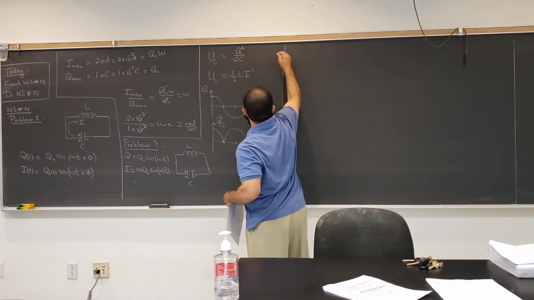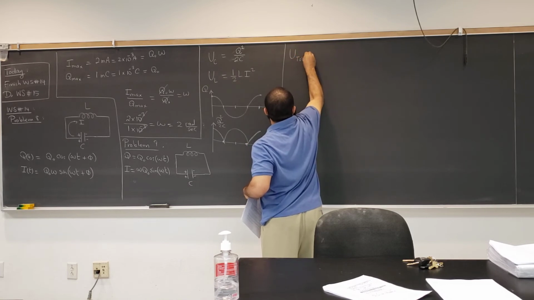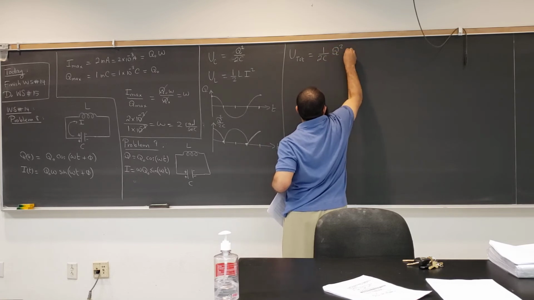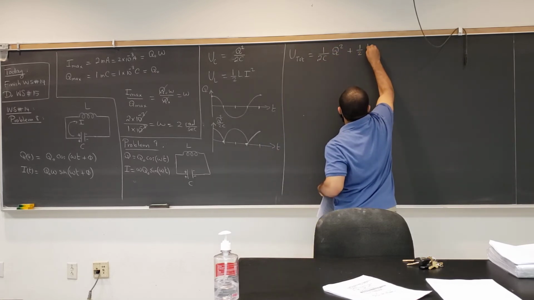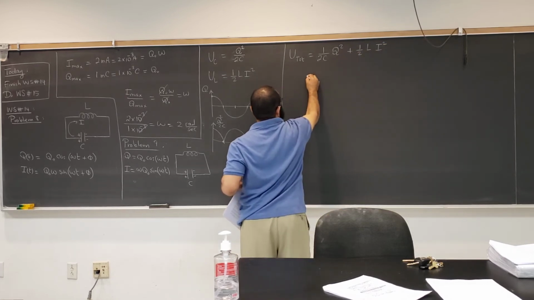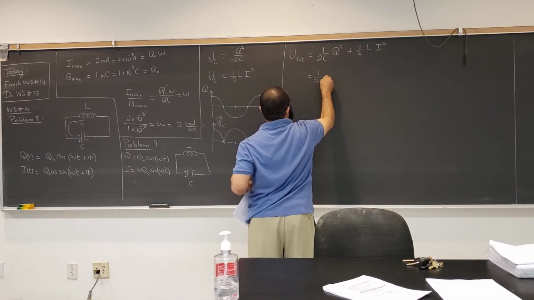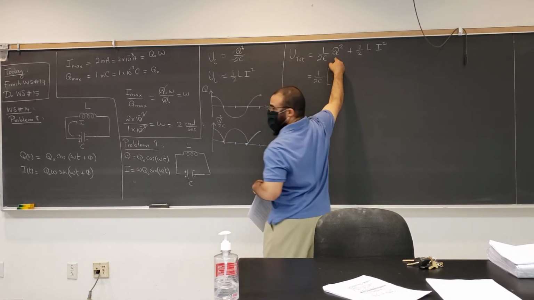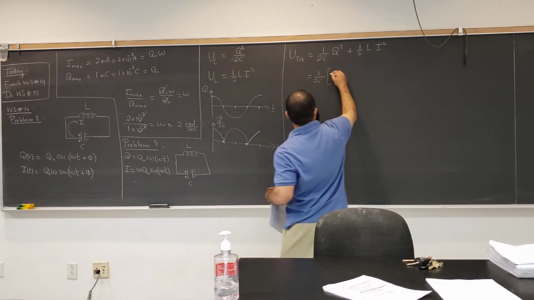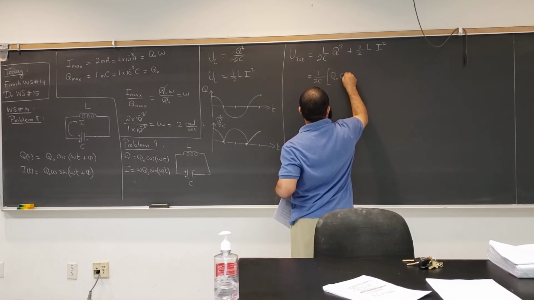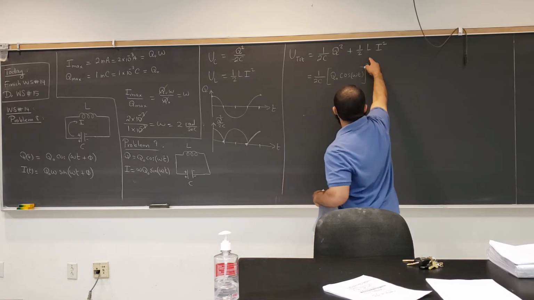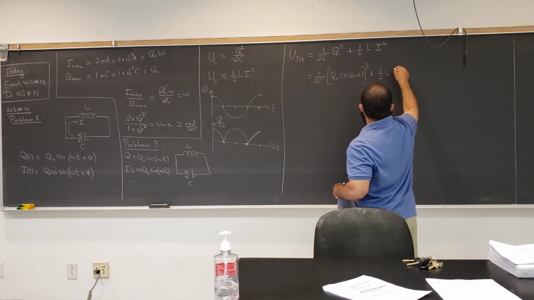So let's start with this one. The total energy will be 1 over 2C times q squared plus 1/2 of L times the current squared, right? The capacitor energy plus the inductor energy. You get 1 over 2C times q squared, but what is q? It's q naught cosine of omega t, the whole thing squared, plus 1/2 L times I squared.